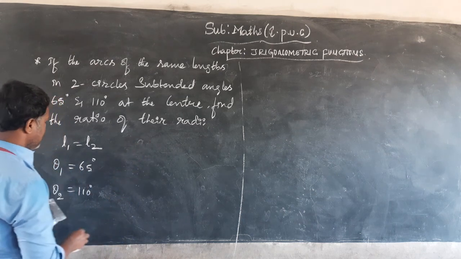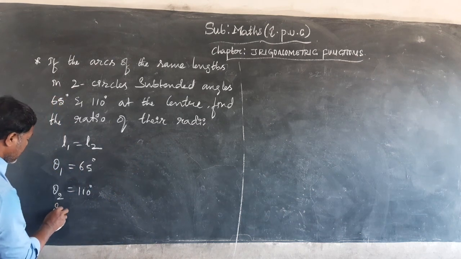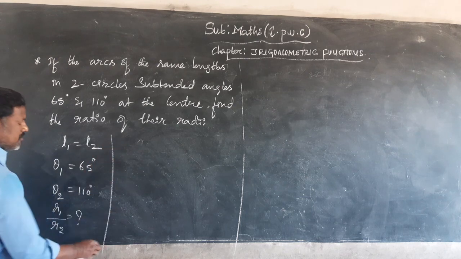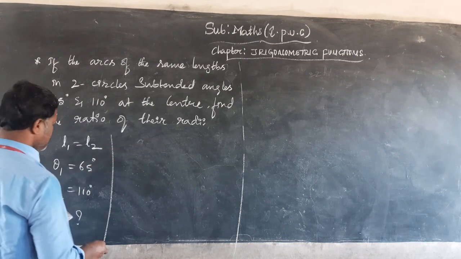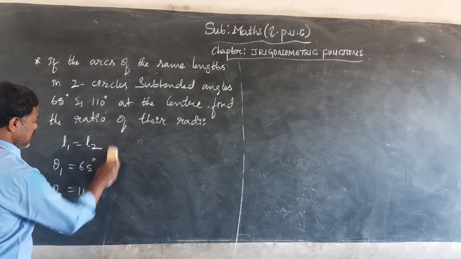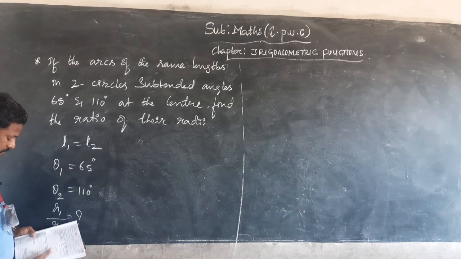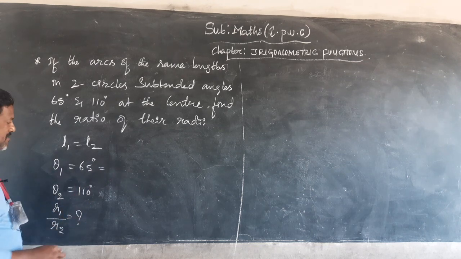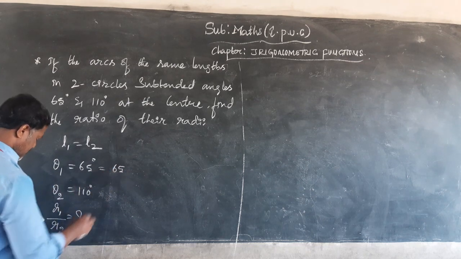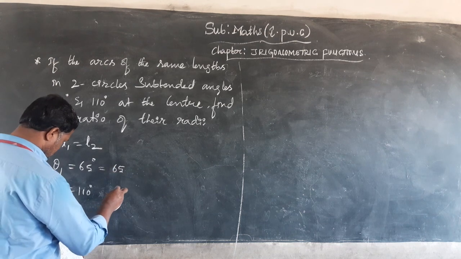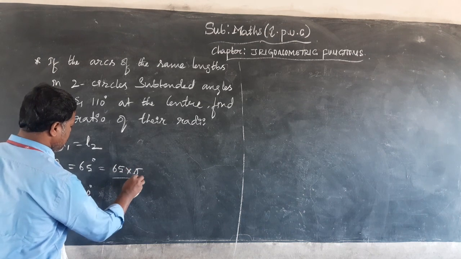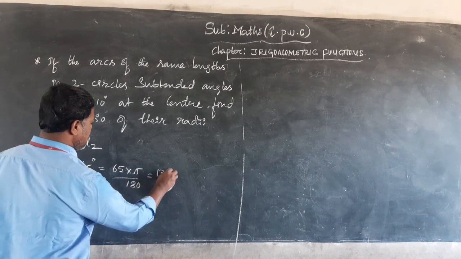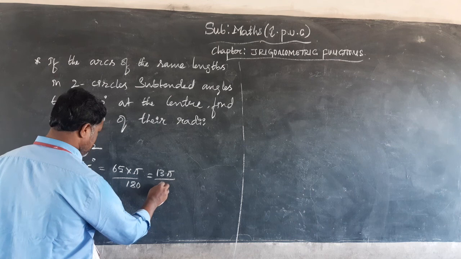Find the ratio of their radii, that is R1 divided by R2 equals question mark. This is a very simple problem. Let us convert this 65 degree in terms of radian measure, that is 65 degree into pi by 180 degree, which equals 13 pi by 36.